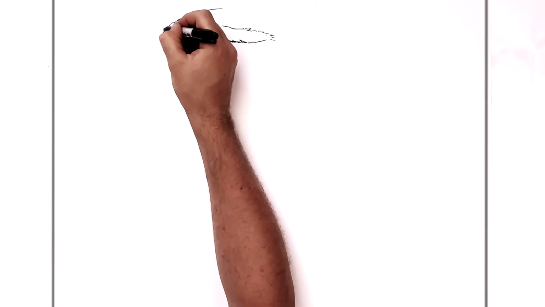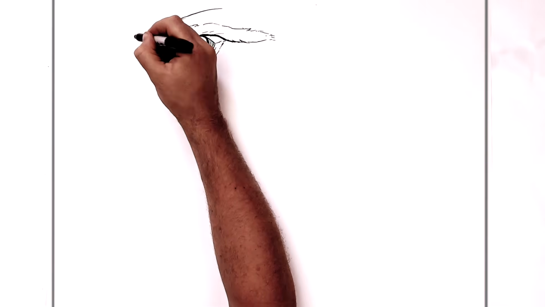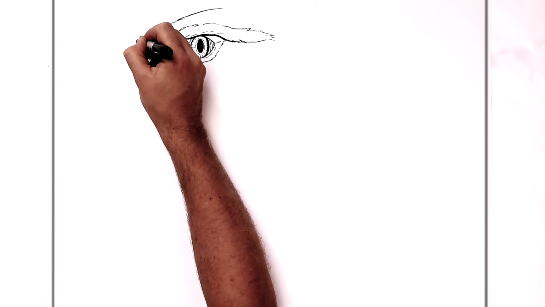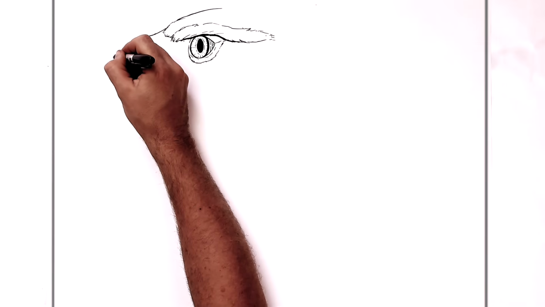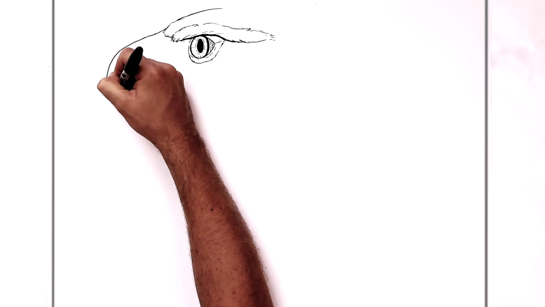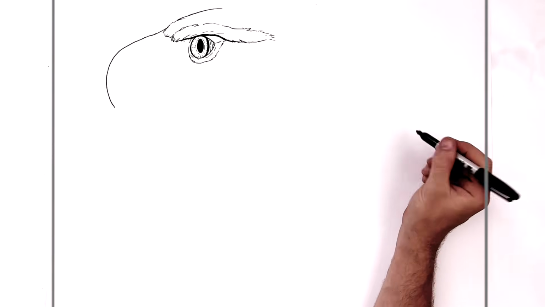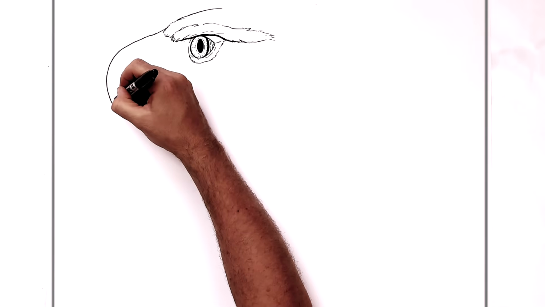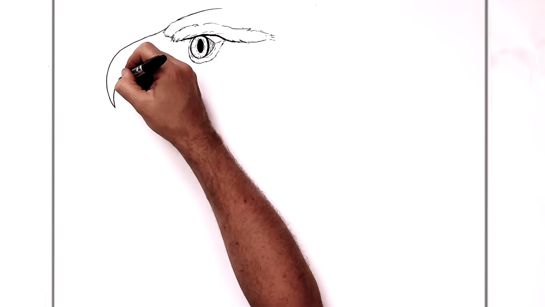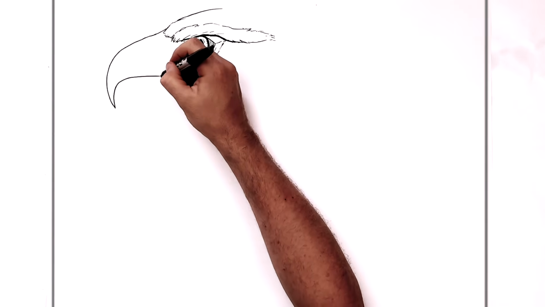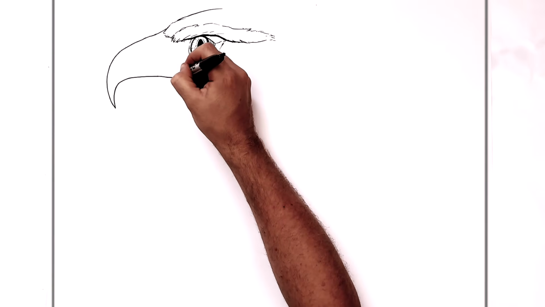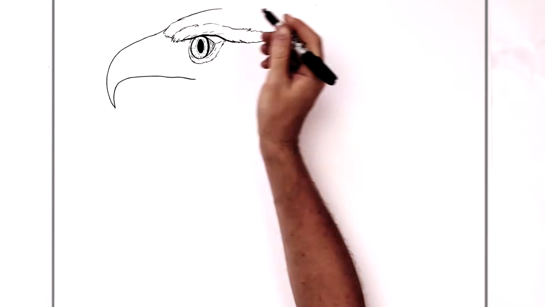So then his beak comes out from there. Typical sort of eagle beak. Out like so. Curves down the front to there. The real pointy bit here comes back up, across, to there.